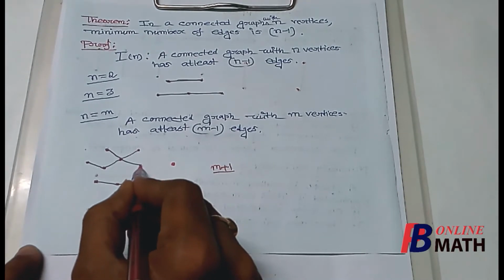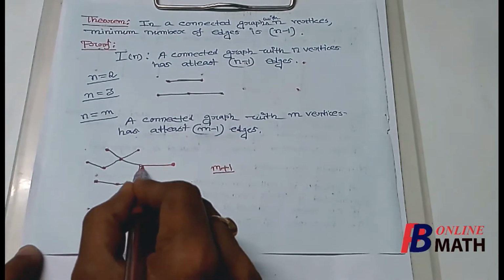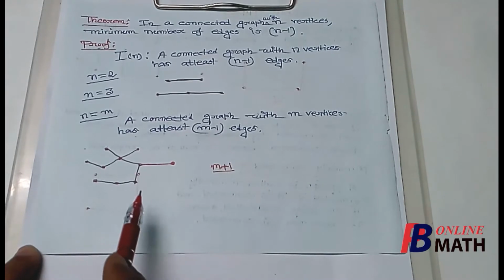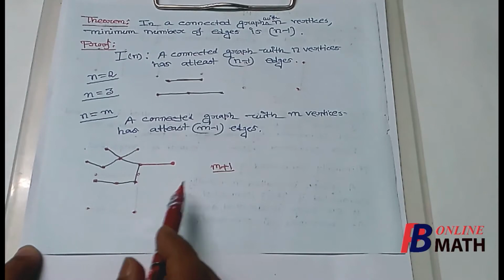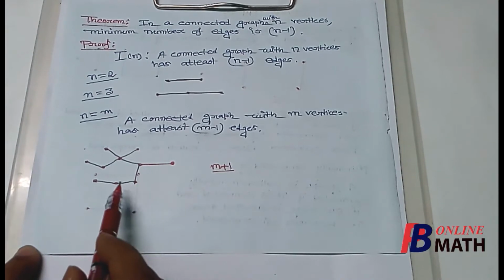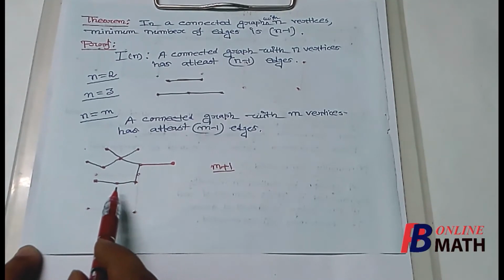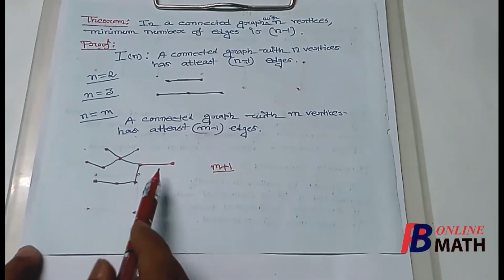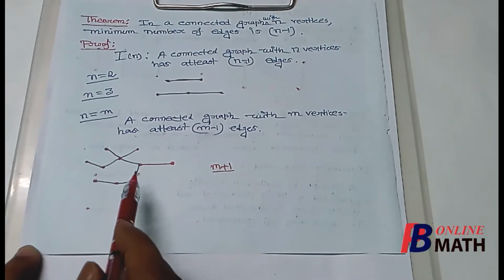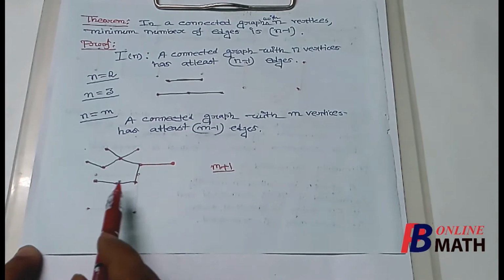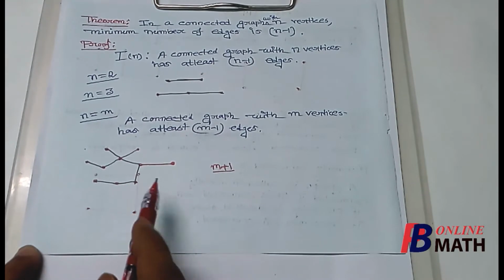So just for simplicity, we assume that this vertex is connected to this vertex. If we connect these two vertices, then the number of edges for this graph becomes m minus 1 plus 1, because initially it has at least m minus 1 edges. Now if we add one more edge, then the number of edges becomes at least m.